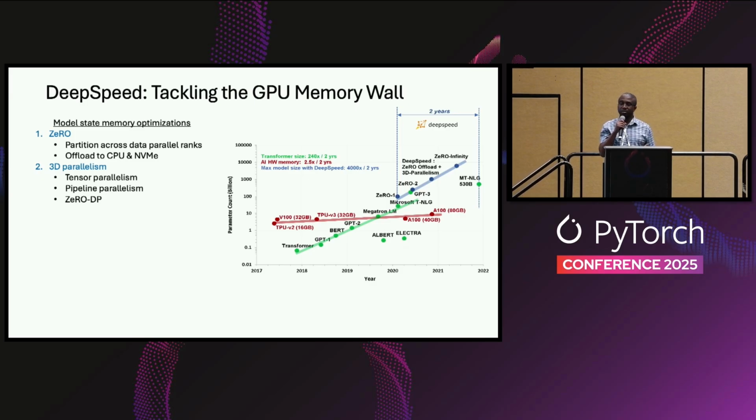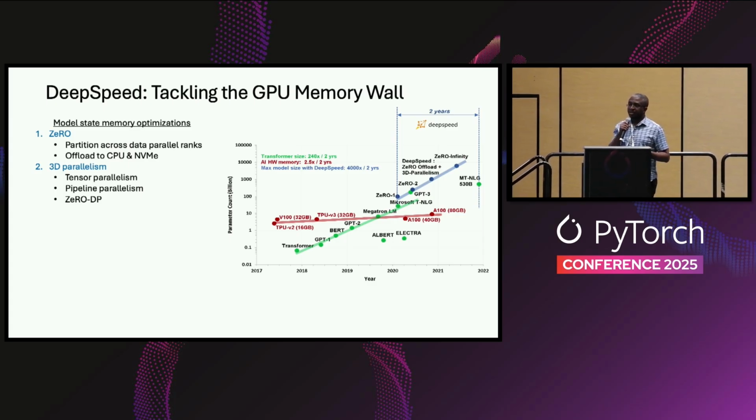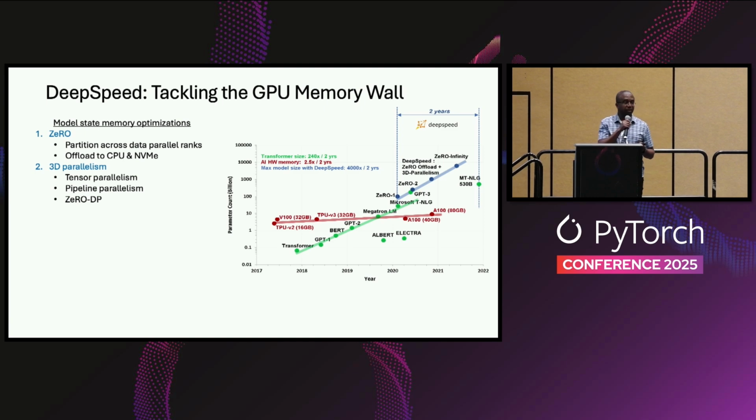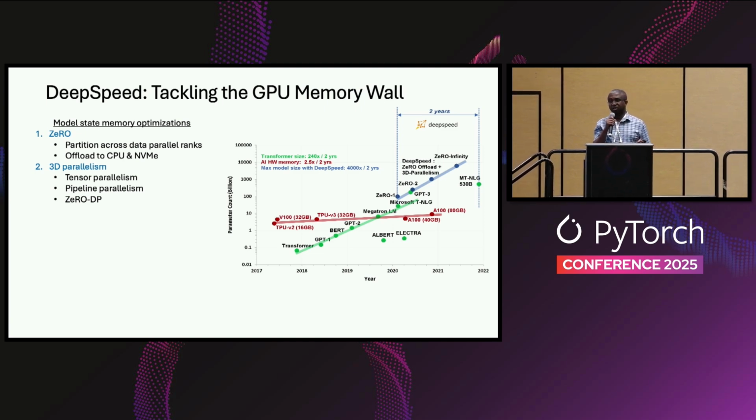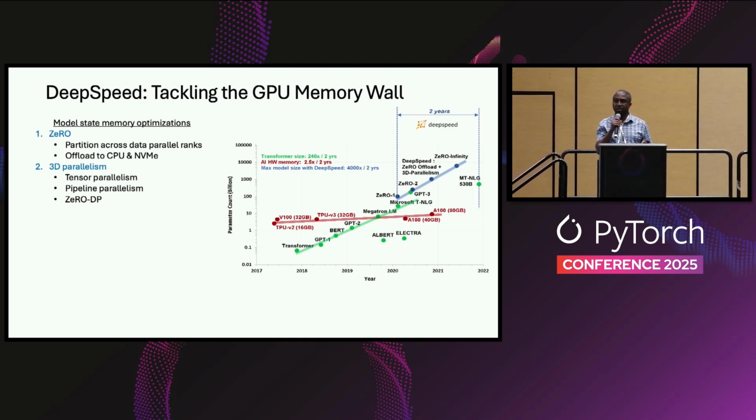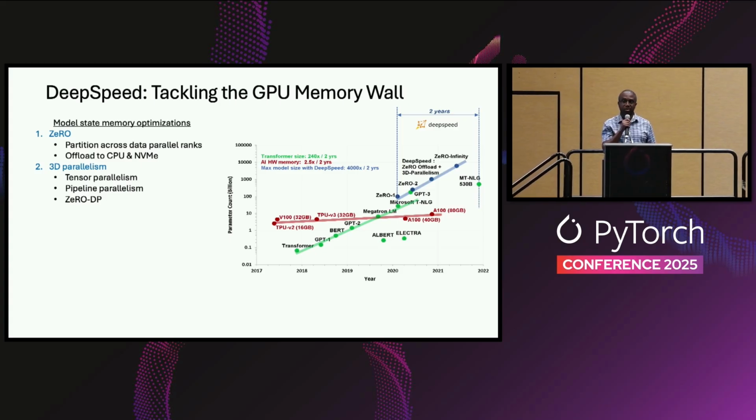The second direction of optimizations is what we call 3D parallelism. This allows you to combine things like tensor parallelism and pipeline parallelism with ZeRO. And so basically your ability to scale your model is pretty much infinite. The consequence of these 2 directions is that we effectively solved the GPU memory wall, at least as far as model scaling was concerned.